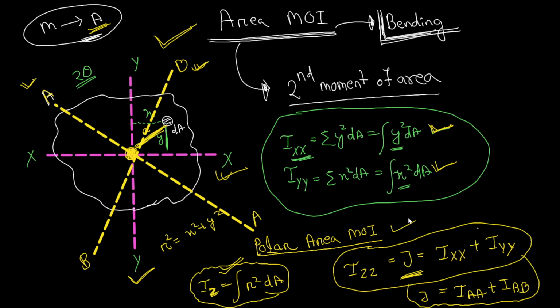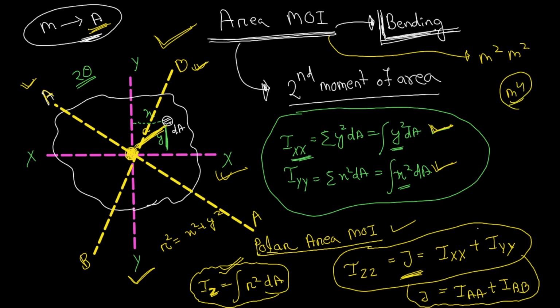In the centroid we were taking the moment only once. Here in area moment of inertia we are taking the moment twice, that is the difference. As for units, area has a unit of meter square, y is a distance, meter, so meter square again meter square gives meter fourth.